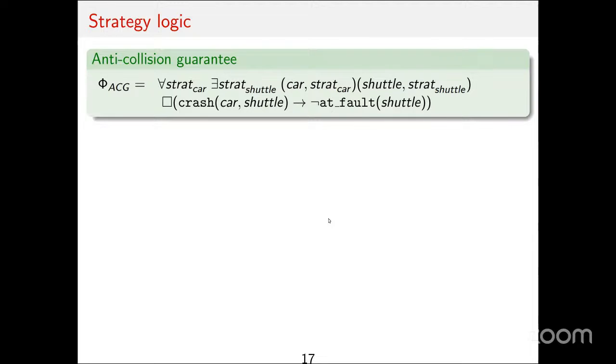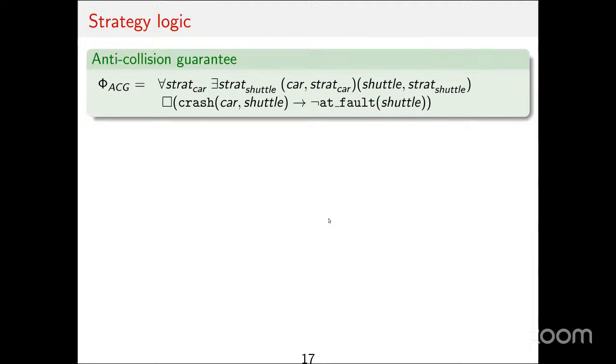This is just some abstract LTL goal for us, and this tells you that it's not because of the shuttle that there was a crash, because sometimes you can't avoid the crash. So I don't want to spend too much time on the LTL part. Just consider this as a winning condition, okay?